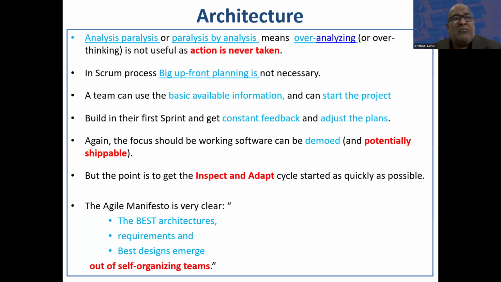Again, the Scrum team's main focus should always be potentially shippable code. You are not supposed to give code with bugs, but bug-free, working software. This should be your sprint goal, and the point is to inspect and adapt.